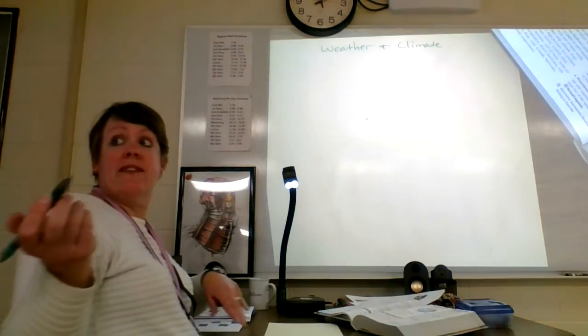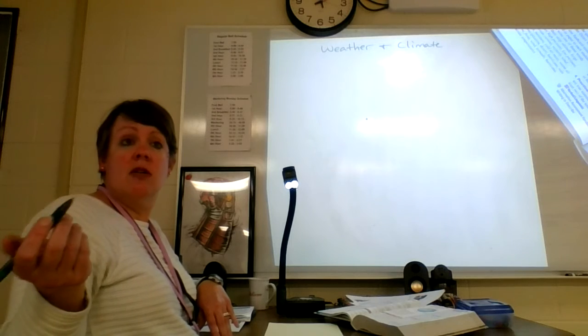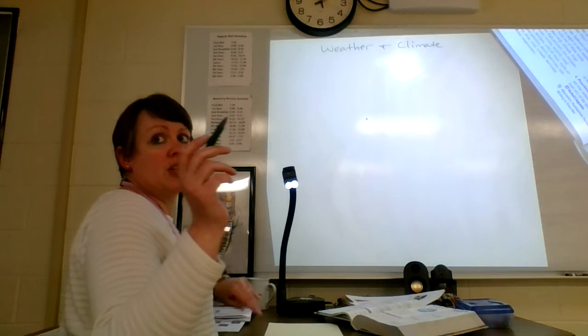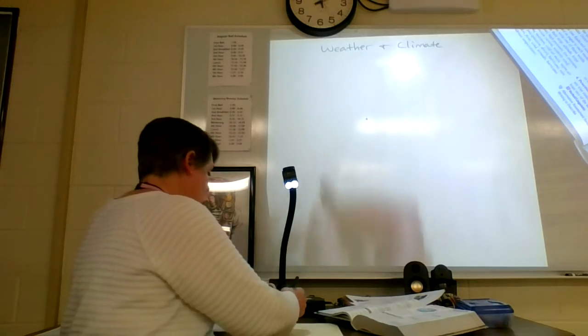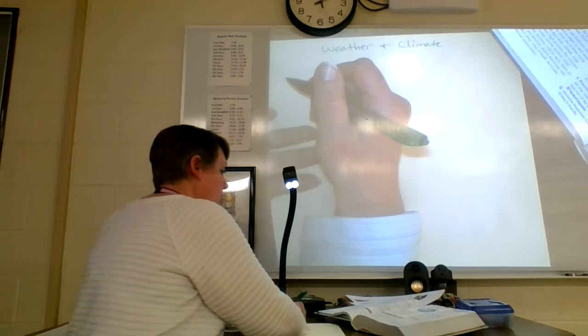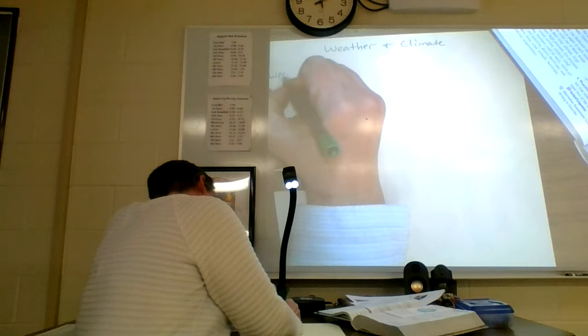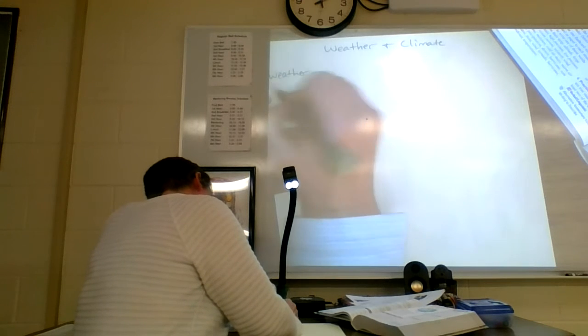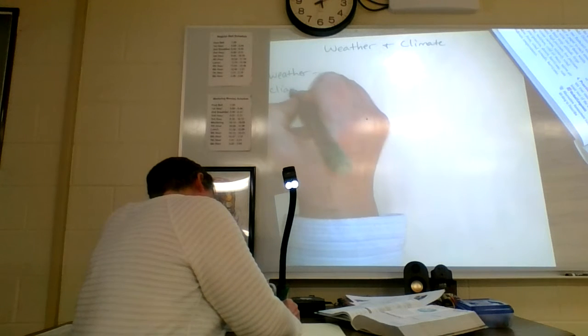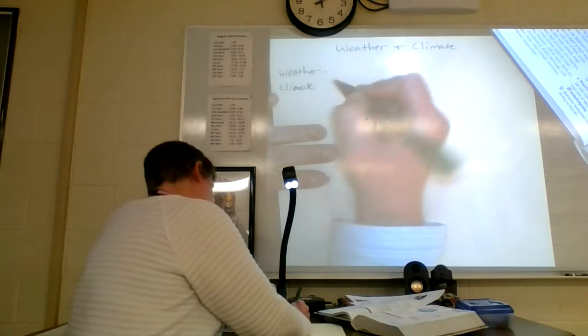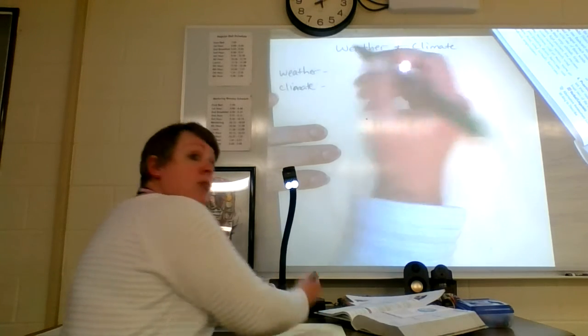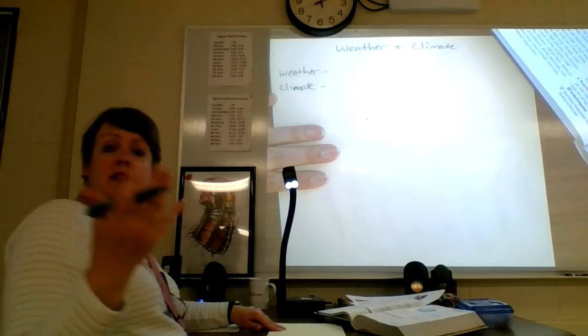So we need the definition. Do we need to write the definition? How about you write your own definition of weather and climate? And if you want to use what it says in the highlighted portion of the book, go for it. So weather, climate. Spelling correctly would be good, but you know, abbreviate if necessary.